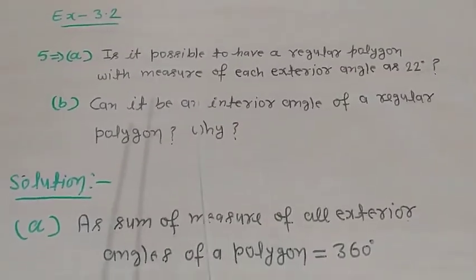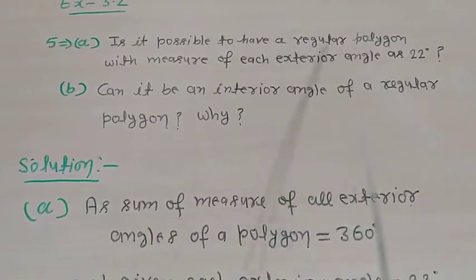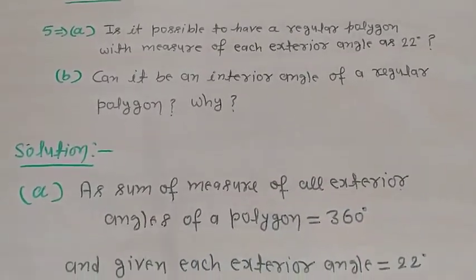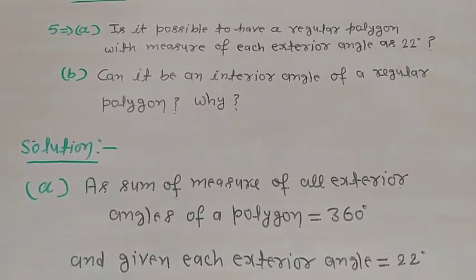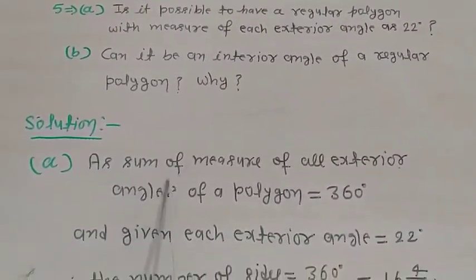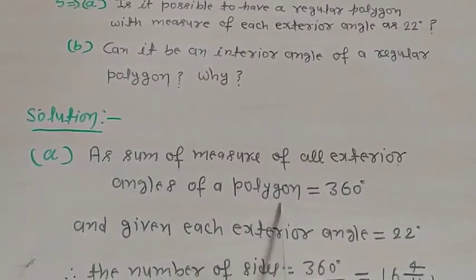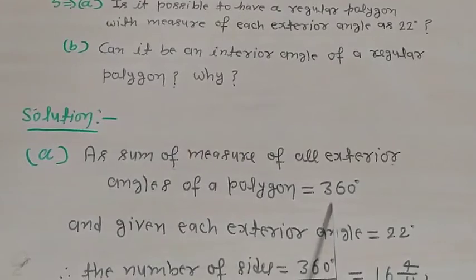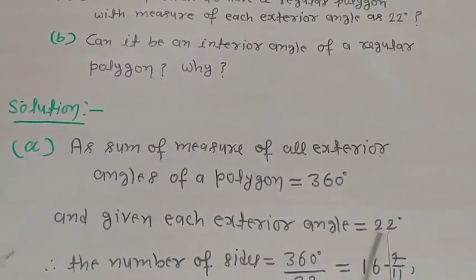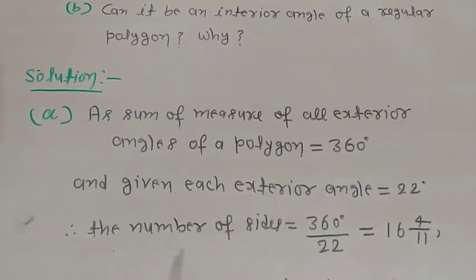So solution of the first part: is it possible to have a regular polygon with measure of each exterior angle as 22 degree? So we know that sum of measure of all exterior angles of a polygon is 360 degree, but here given exterior angle is 22 degree. So we find number of sides.